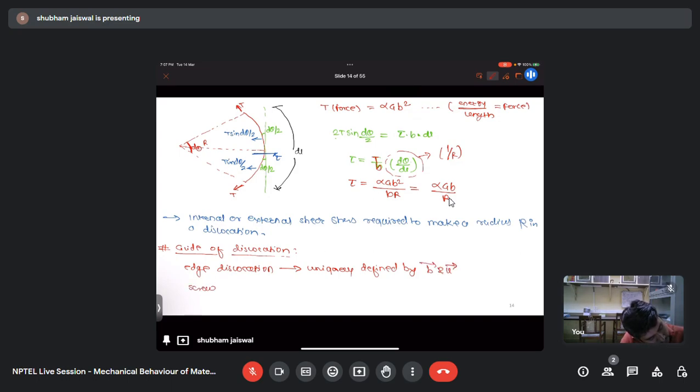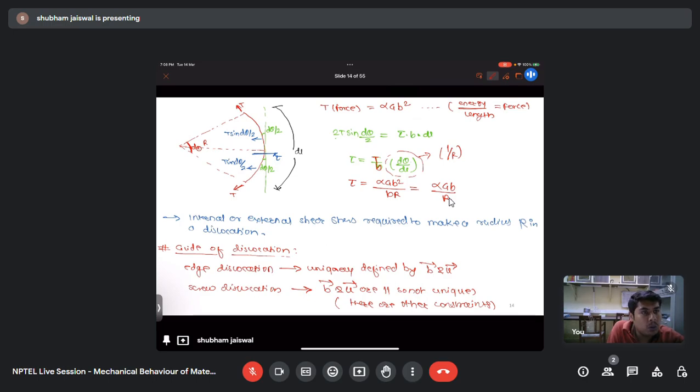Whereas in case of screw dislocation, b and u are parallel, so not unique. And there are other factors also. Okay. So this was all about the last week. So this many things we have covered in the last week content.